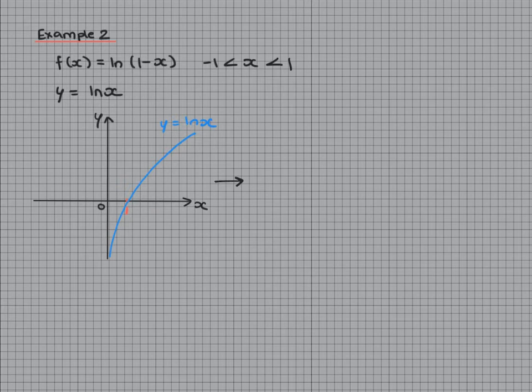Now, the next thing I want to think about is this transformation that's occurred here. I'm going to rewrite this as y equals ln(-x + 1). Now we have to be careful here because this is a transformation of the format ax plus b. And if you remember from the work on combined transformations, this is the one transformation that doesn't behave the way we expect.